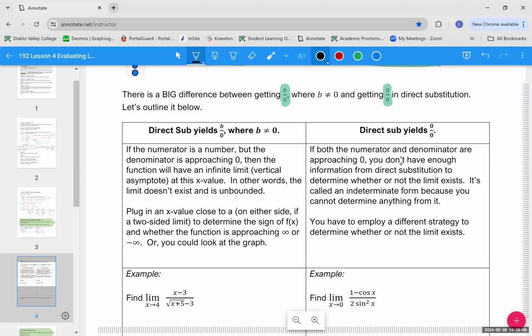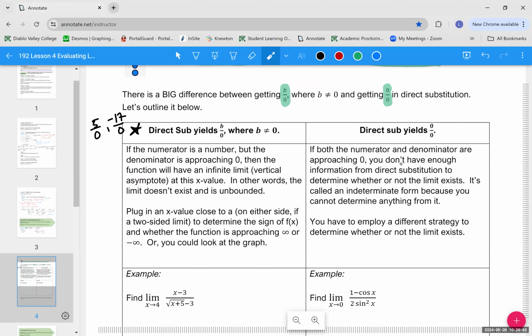Okay, so we're going to start by looking at b over 0. So you get a number over 0. Maybe it's 5 over 0 or negative 17 over 0, something like that, when you do direct substitution. In this case, the numerator is a number, but the denominator is approaching 0. And so what that means is you're going to end up with an infinite limit or a vertical asymptote at this place.